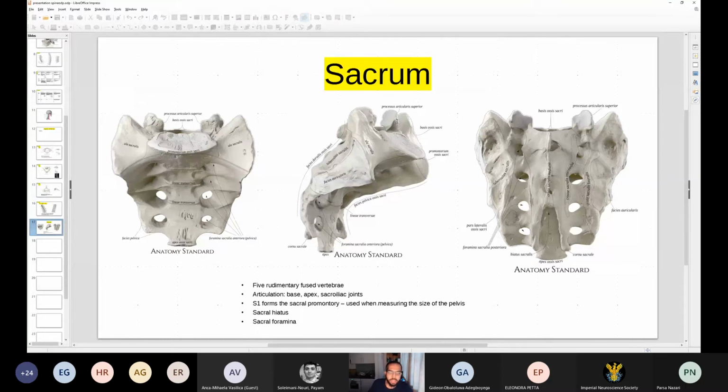This base is for articulation with the L5 vertebra, and this apex is for articulation with the coccyx. And you can see that in this view it has a curved structure, concave anteriorly.